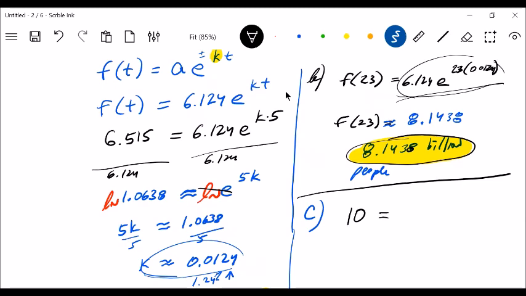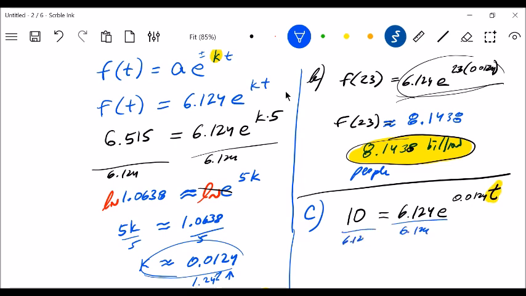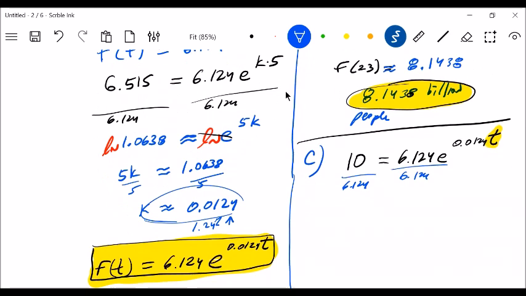We'll make it in billions total now. 10 equals 6.124 e to the 0.0124 times T. T is the thing we're trying to find out. So if we divide by 6.124, then we'll apply the natural log.